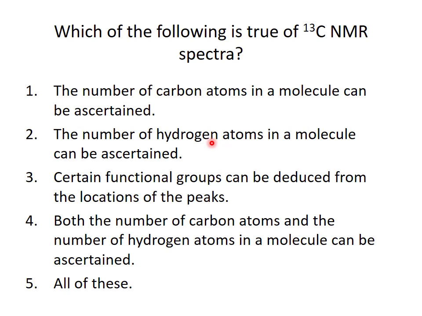Well, we can determine how many hydrogens are on a particular carbon, but we don't know the total number of hydrogens. And so that means this number 4 is wrong too. What can we deduce? Well, we can feel pretty confident that there are certain functional groups in the molecule based on the location of the peaks.